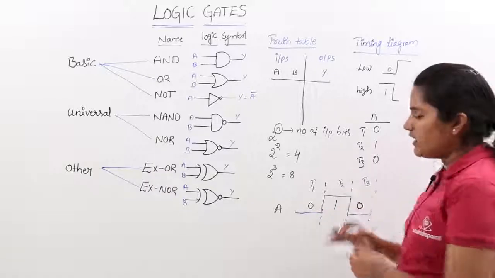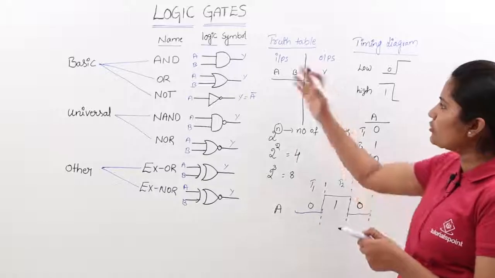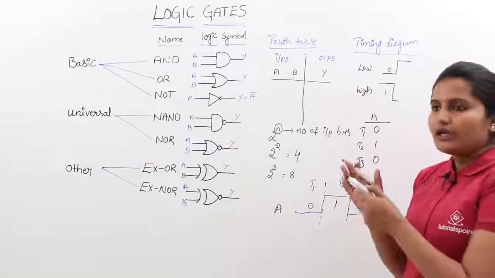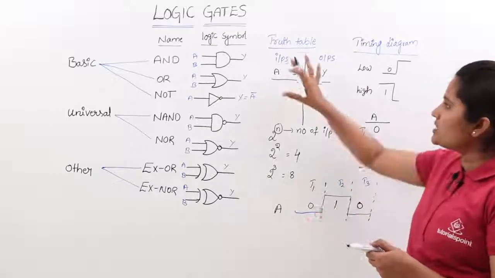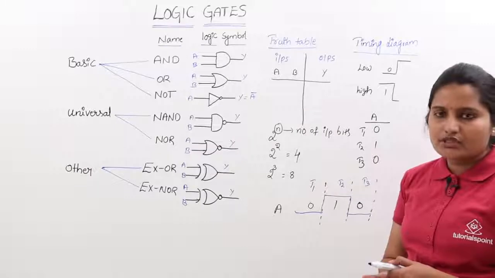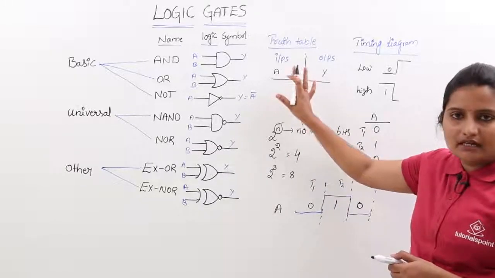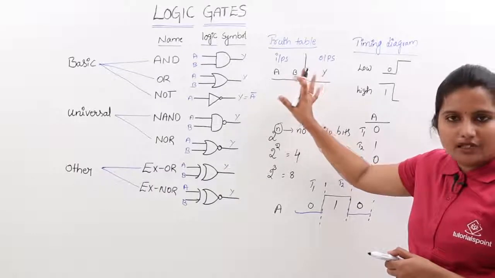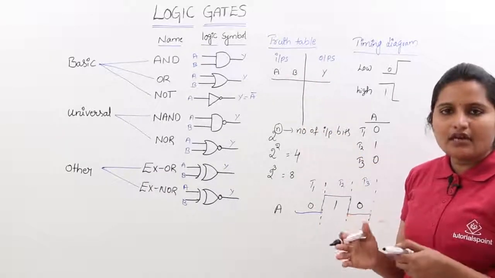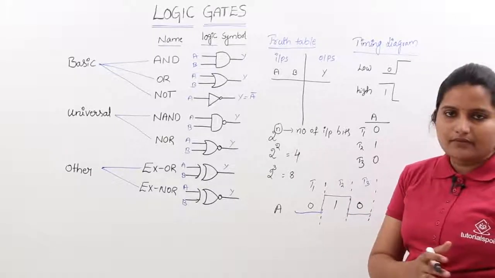In the same way we can have different timing diagrams for all truth table variables, that means input output variables. In exams we may get questions on truth tables and timing diagrams sometimes. 1 mark questions we may get like this. They will simply provide the values in a truth table, and by seeing the values we have to say this is related to so and so gate.